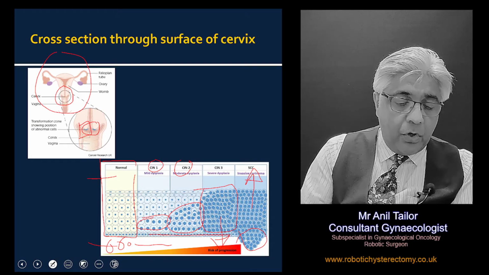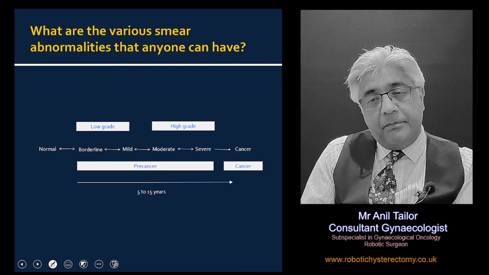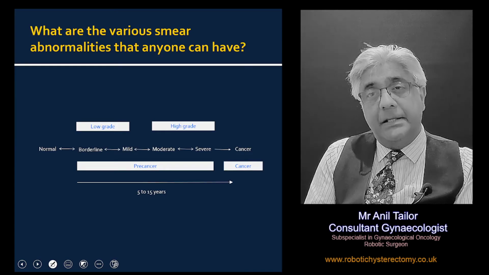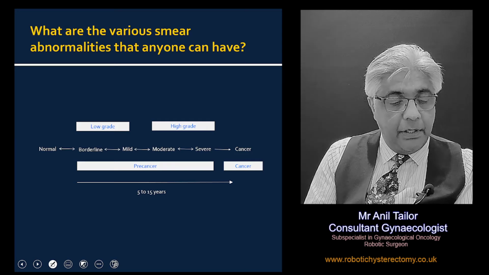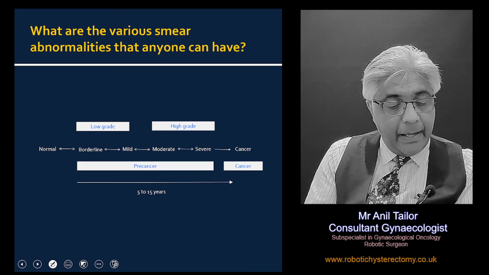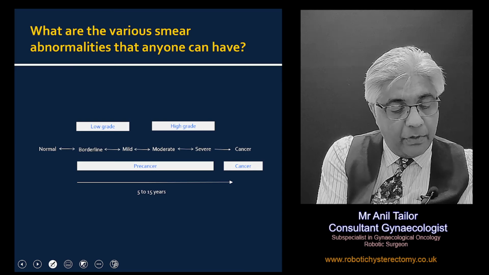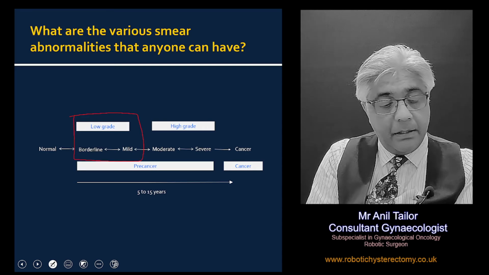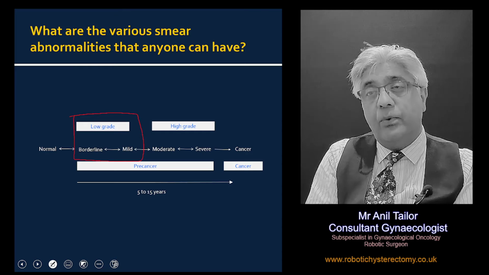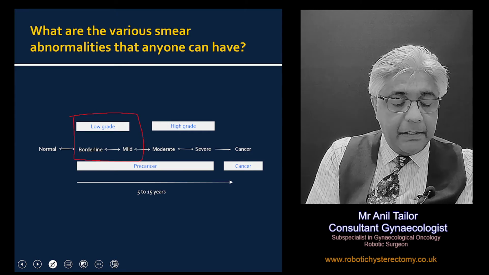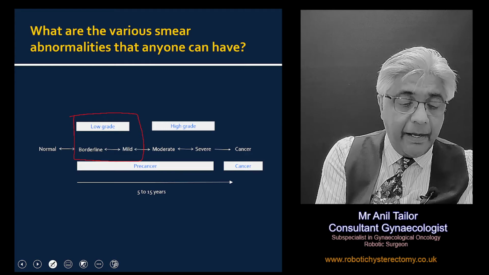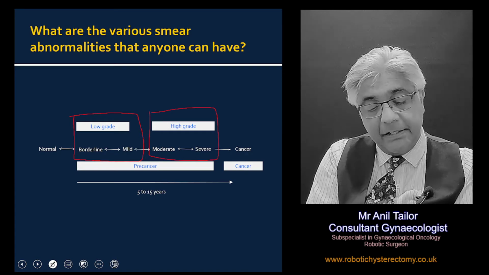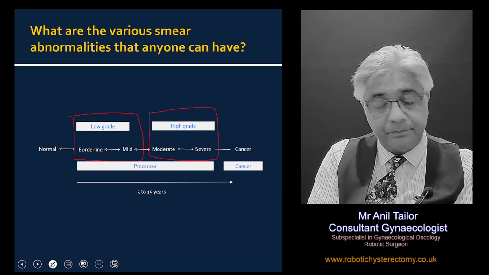So the precancer can be graded into low grade and high grade, and so the low grades are the ones that in the UK are described as borderline or mild smears, and the high grade smears are those where the abnormality is said to be moderate or severe.